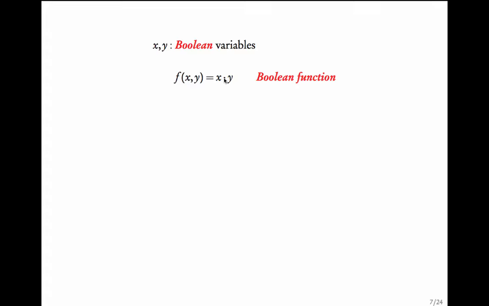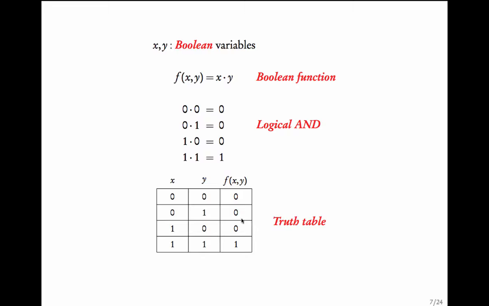Now what is this dot operation on Boolean variables? 0 dot 0 is defined to be 0, 0 dot 1 is 0, 1 dot 0 is defined to be 0, and 1 dot 1 is defined to be 1. So what is your guess? What is this dot? It's nothing but the logical AND. And here is the truth table corresponding to the AND.